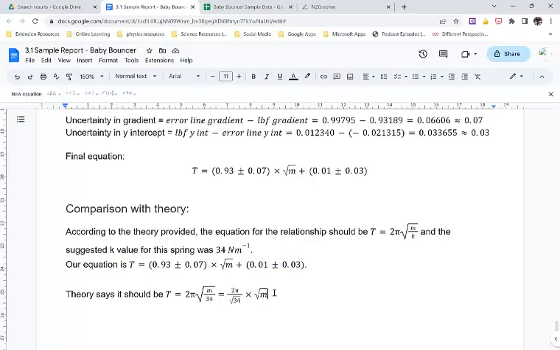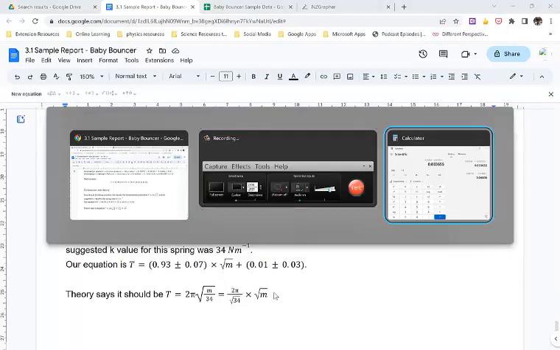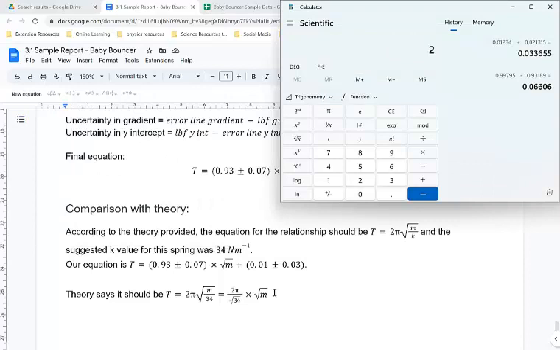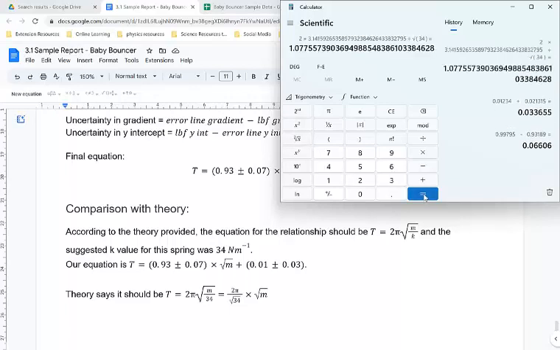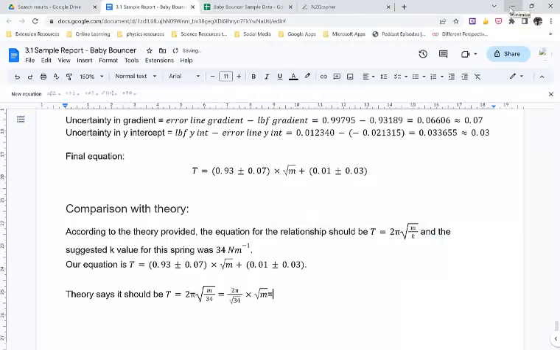Let's figure out what 2 pi over square root of 34 is. 2 times pi divided by the square root of 34 is equal to 1.077, it should be. Equals 1.077 times square root m.